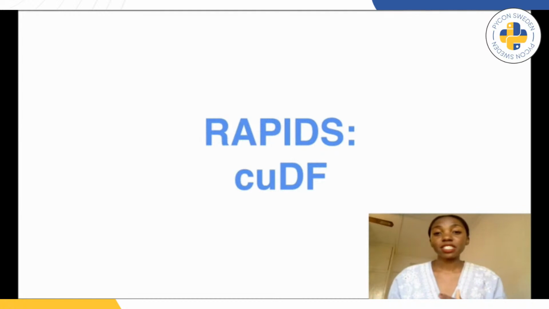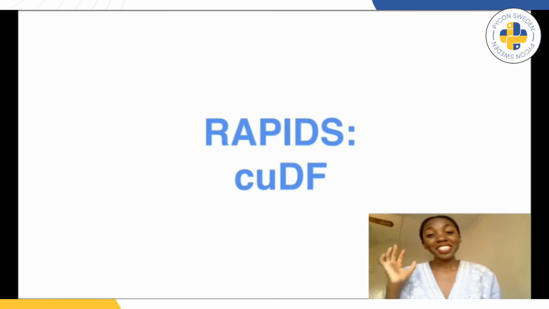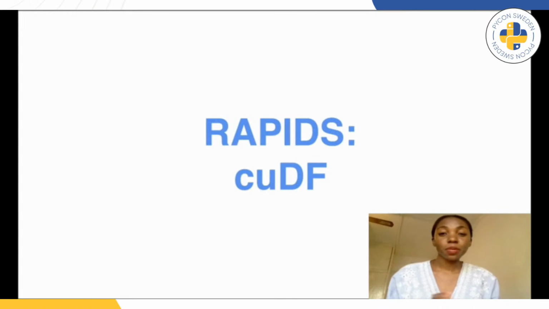So for data scientists, almost everything that you can do with Pandas, you should be able to do with cuDF. But what cuDF does is that it performs all the computations on the GPU, so it speeds it up significantly. The nice thing is also that it's a drop-in replacement, so a lot of the methods and things like that are really similar, and so it's not really difficult to learn.